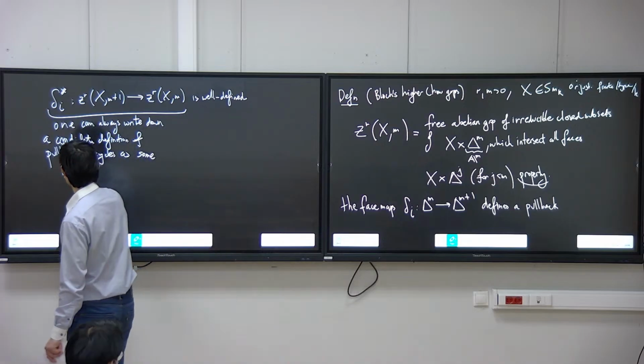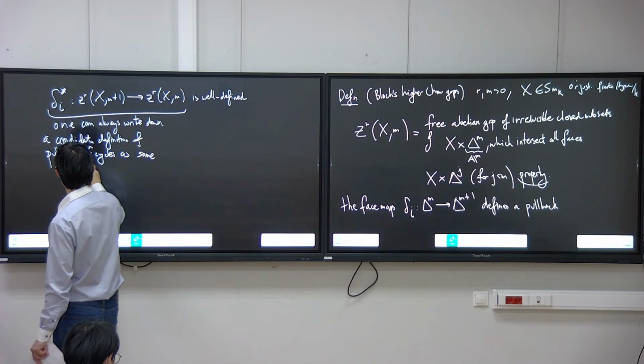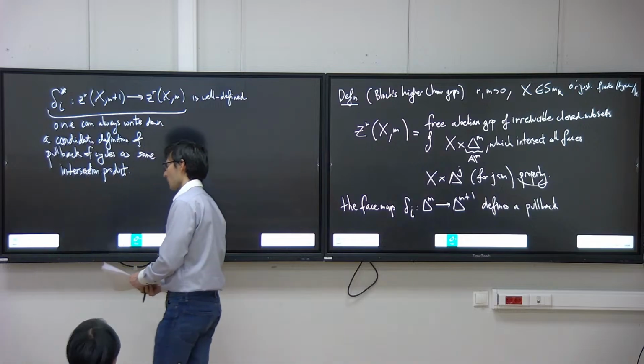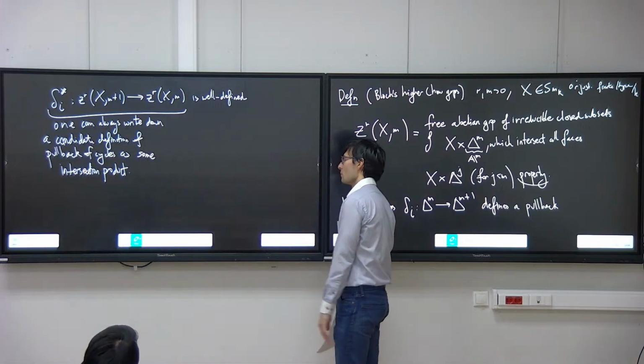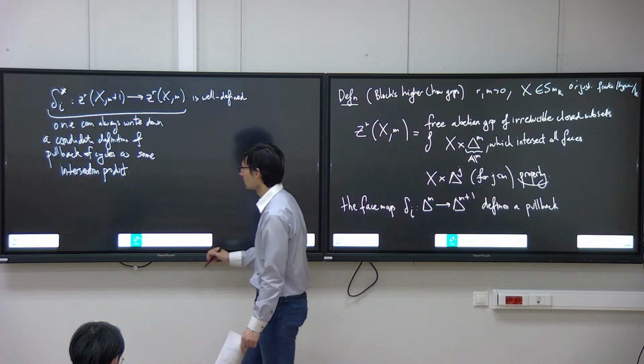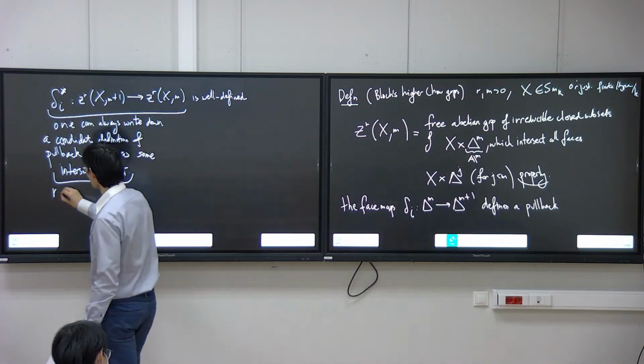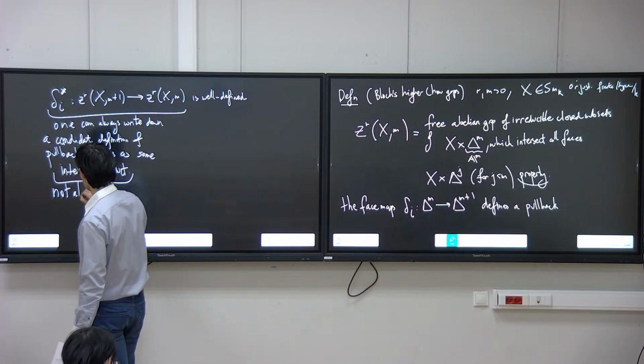But the issue, hence the importance of the moving lemma and things like this, is that this intersection product is not always well defined.